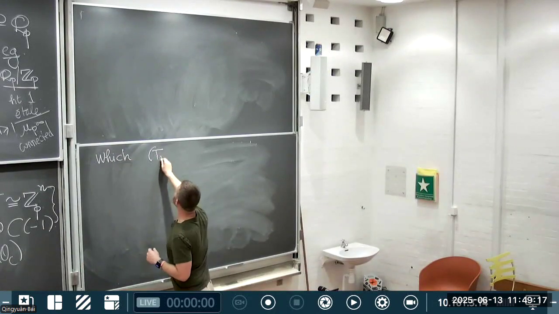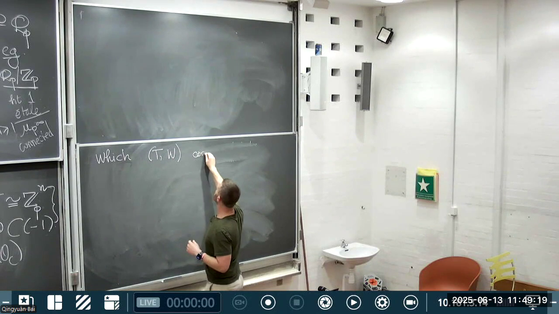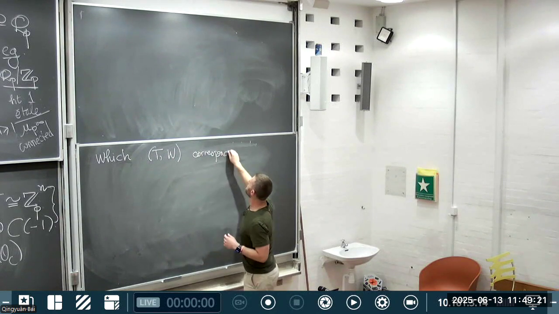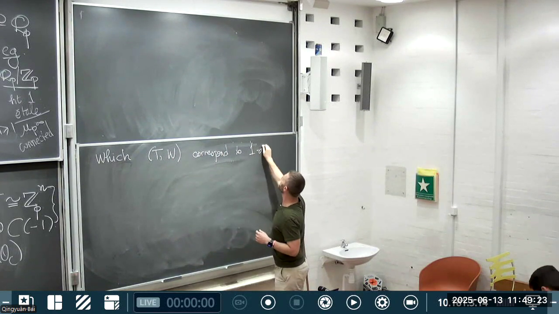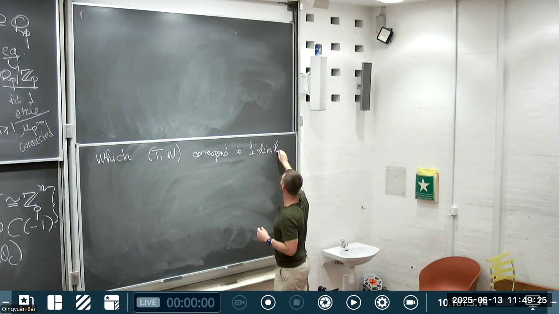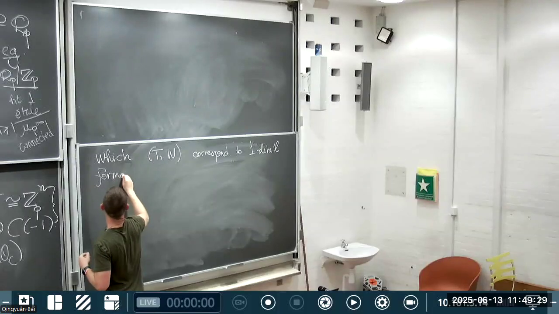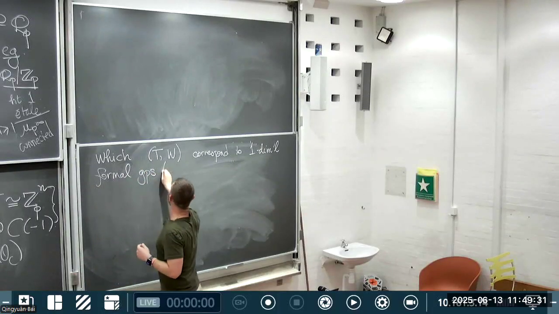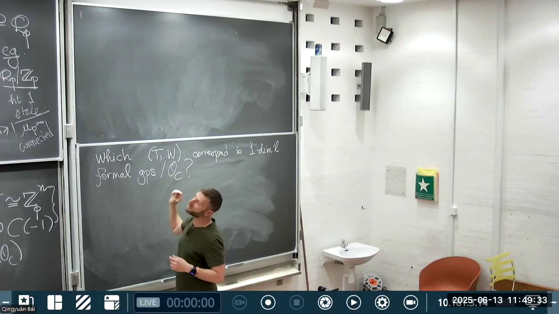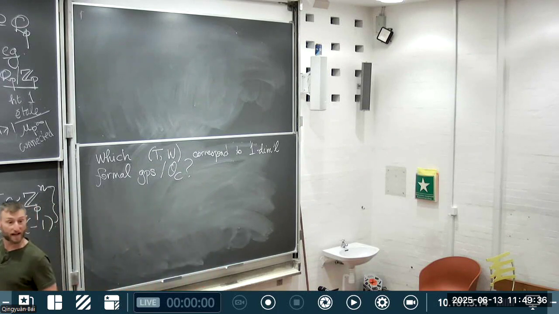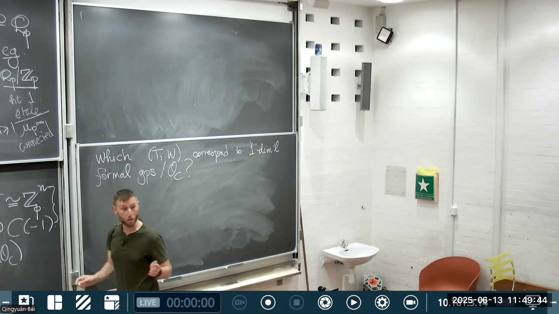Which pairs T and W correspond to one-dimensional formal groups over OC, since after all, that's what we want to classify. We don't want to classify all p-divisible groups, we just want to classify the ones that actually come from formal groups of dimension 1.